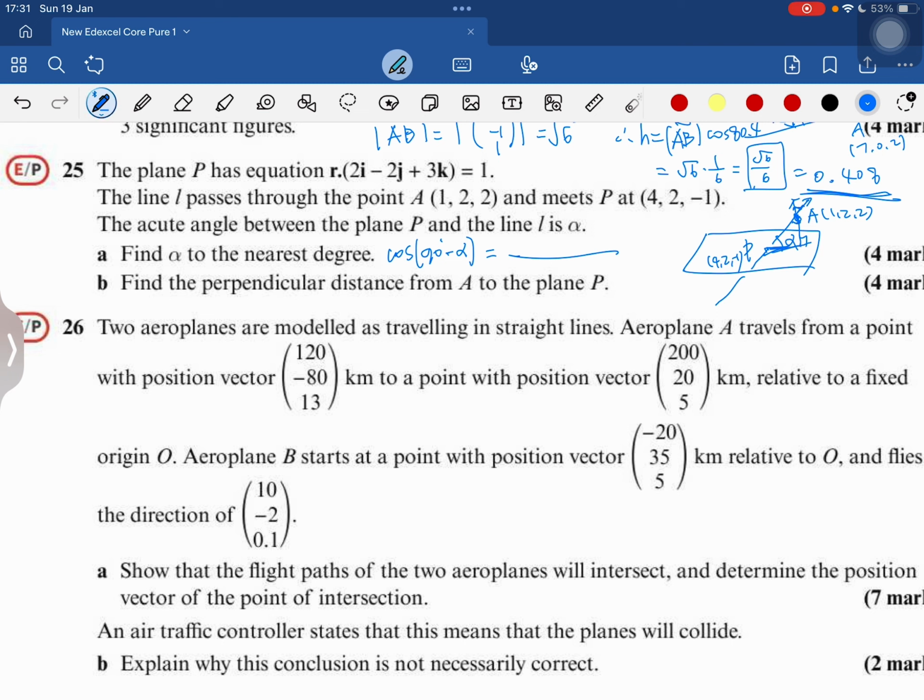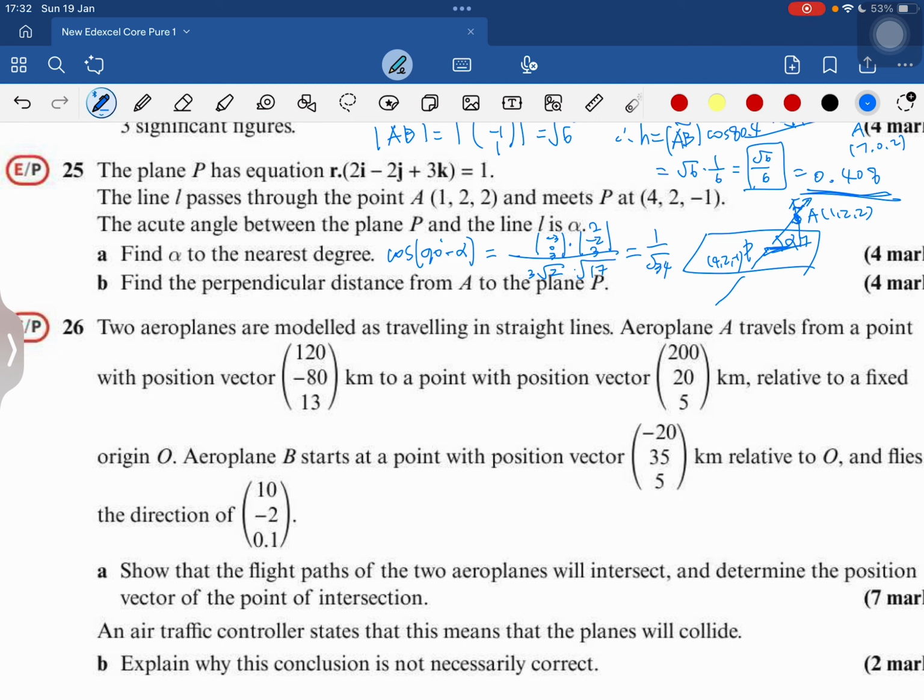So A minus P, 3 dot the normal vector 2, -2, and 3, over square root 3, square root of 4 plus 4 plus 9, which is 17. So this one is -6 and 6, 9, which is 3. So 1 over square root 34.